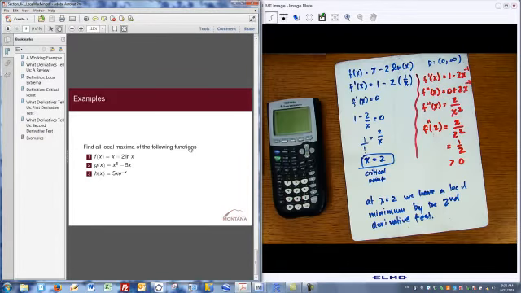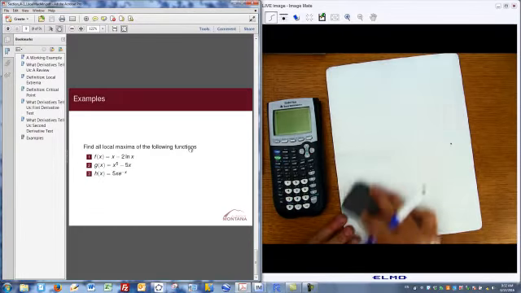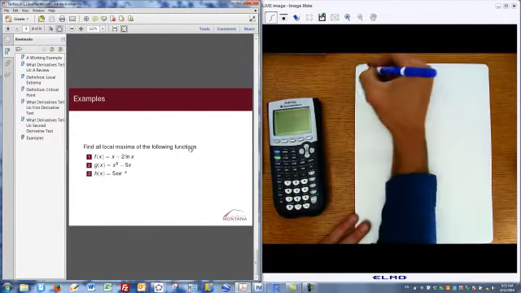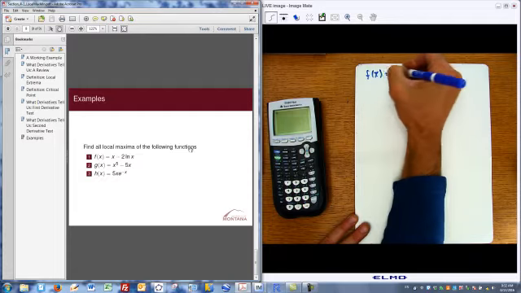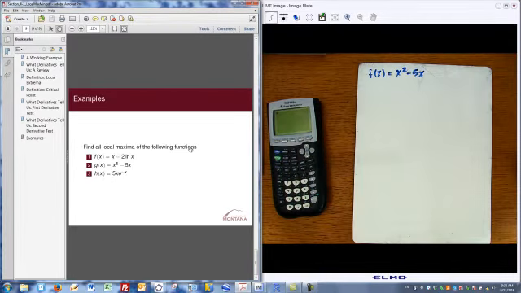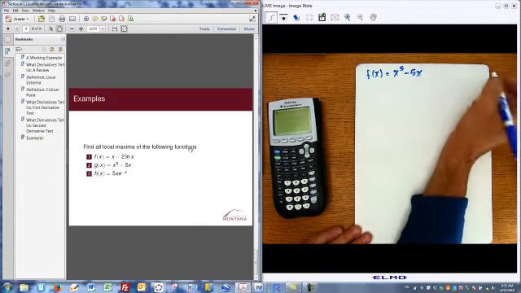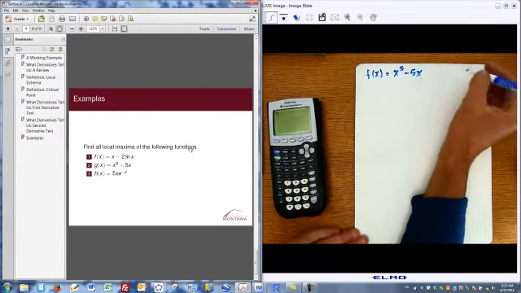Let's go on to our next example, x to the 5th minus 5x. So let's go ahead and carry this one out.